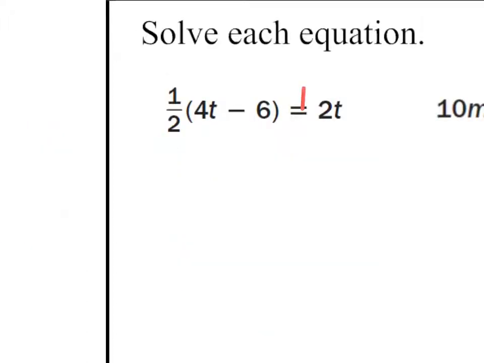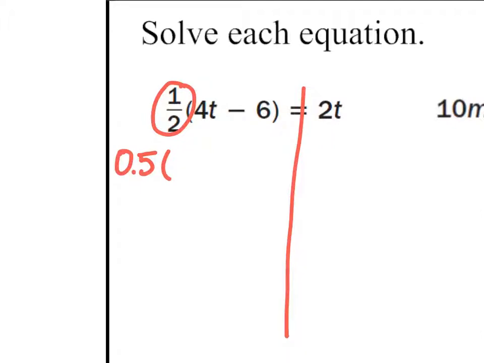So we're going to start by drawing our brick wall down the middle. And I'm going to change 1/2 to 0.5. And that's multiplied by 4t minus 6. And that's still equal to 2t.